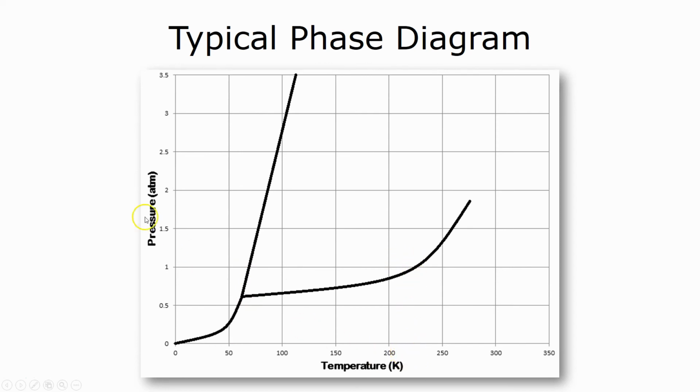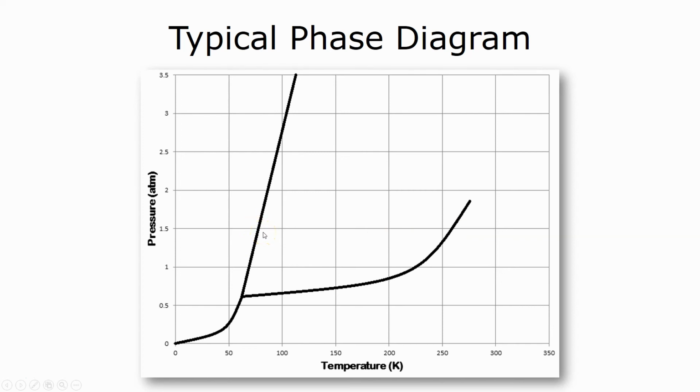If you wanted to go to 1.5 atmospheres, the boiling point would be about 260, and the melting point would be around 75.